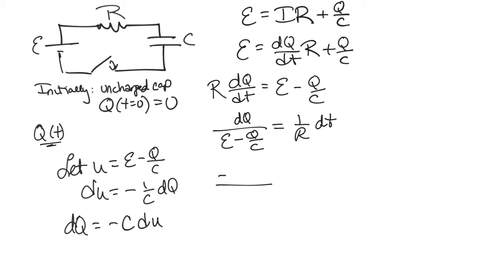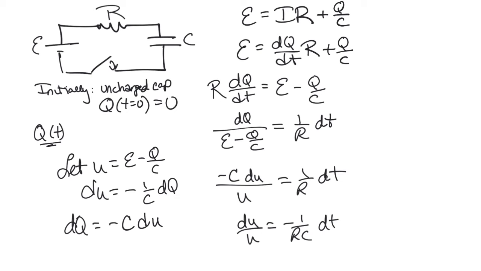Instead of dq, I'm going to say negative c du, and then that's u on the bottom. That's 1 over r dt. If it's okay with you, I'm just going to throw that constant over there. So negative 1 over rc, and that probably is looking pretty familiar at this point.